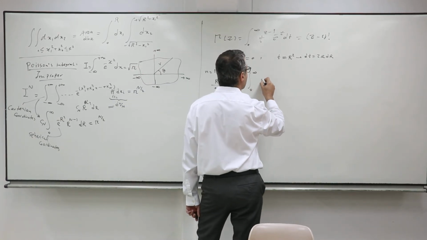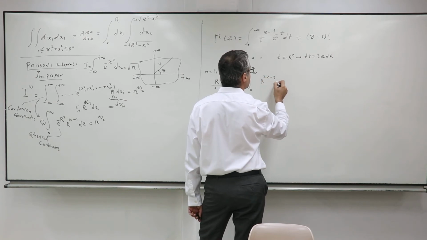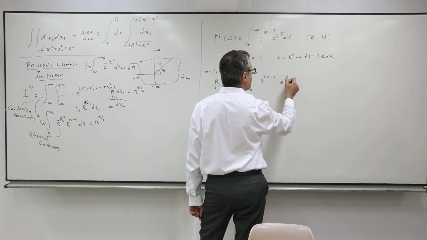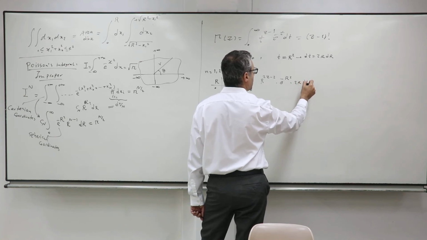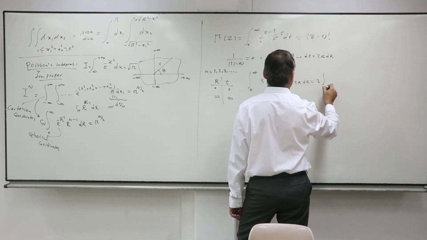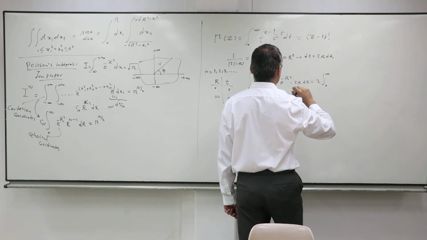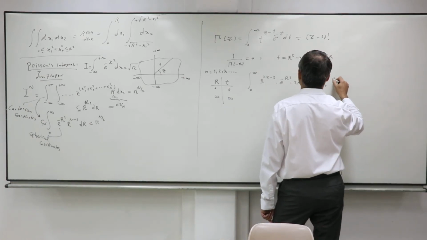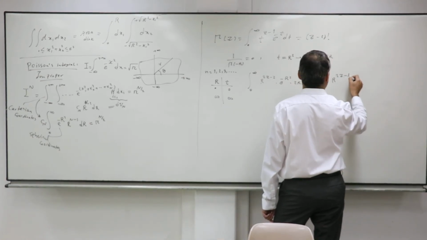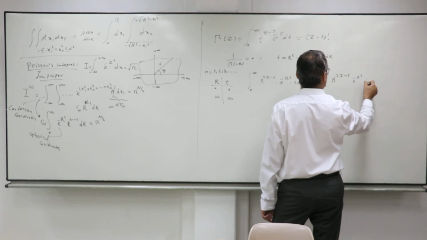So t^(z-1) becomes r^(2z-2), multiplied by e^(-r^2) 2r dr. So it will be 2 times the integral from 0 to infinity of r^(2z-1) e^(-r^2) dr.